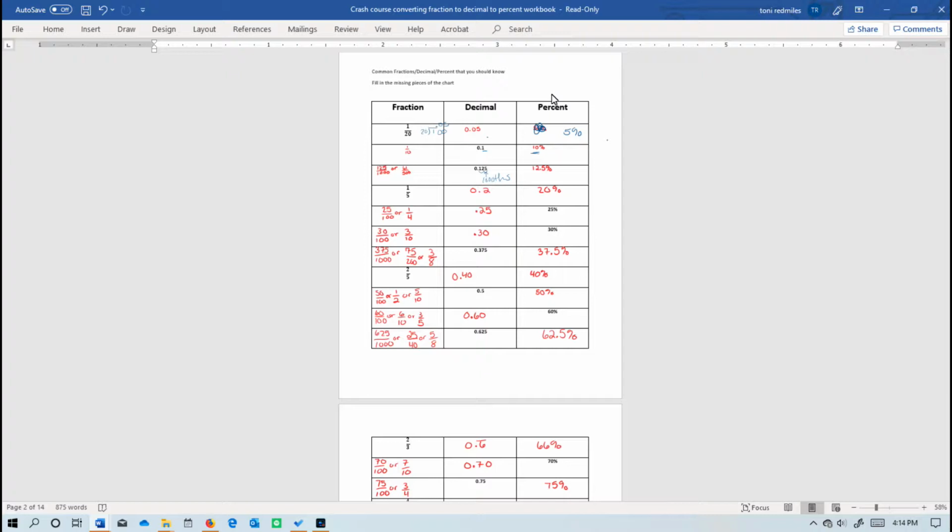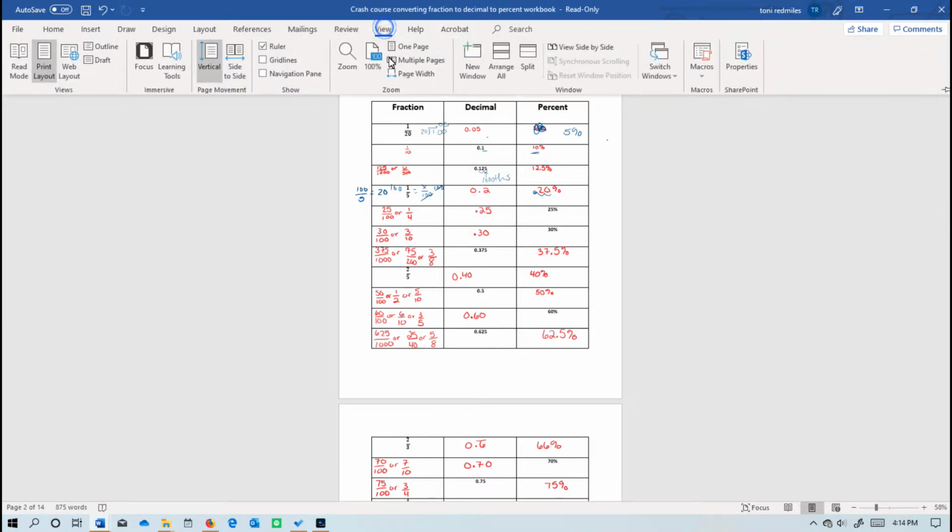You could divide, but there's also the proportion method if you like that. Okay, that means multiply both sides by 100. That's going to give me 100 over 5, which reduces down to 20. So it's 20%. Now I have to move that decimal place 2 places this way to come up with my 0.2. You know what? These are really small. Let me zoom in.